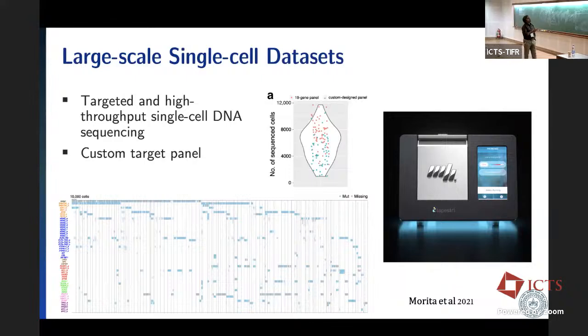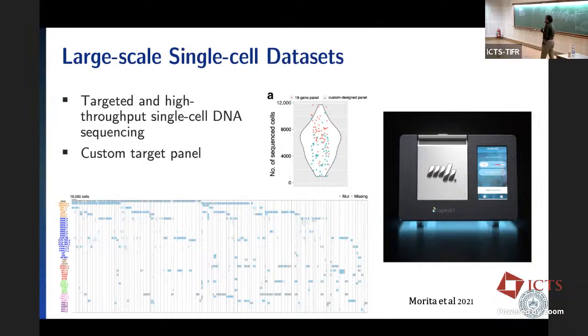What I really mean by high throughput is that if you look at the number of sequenced cells, this is a study from 2021, they looked at 123 AML patients, they generated single cell data using this Tapestry, and you can see that the range is basically in thousands.